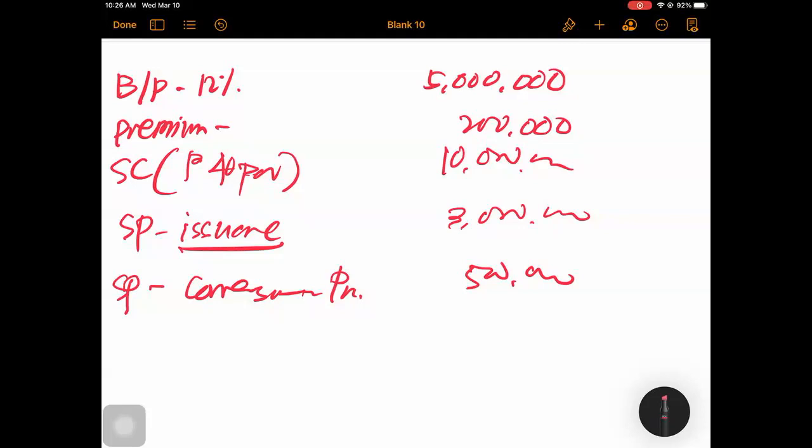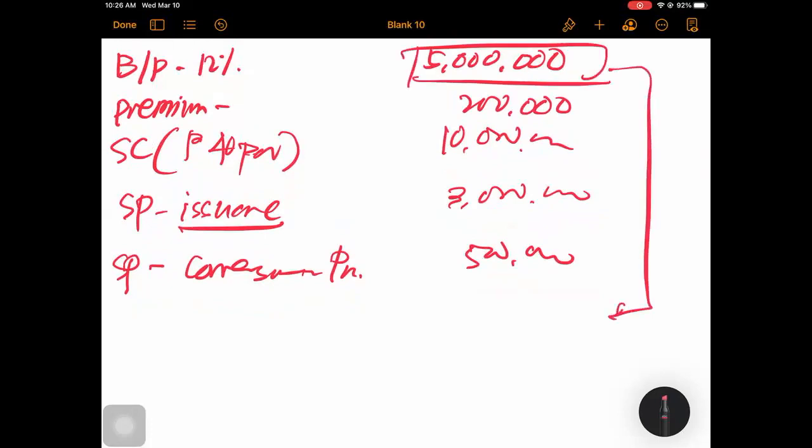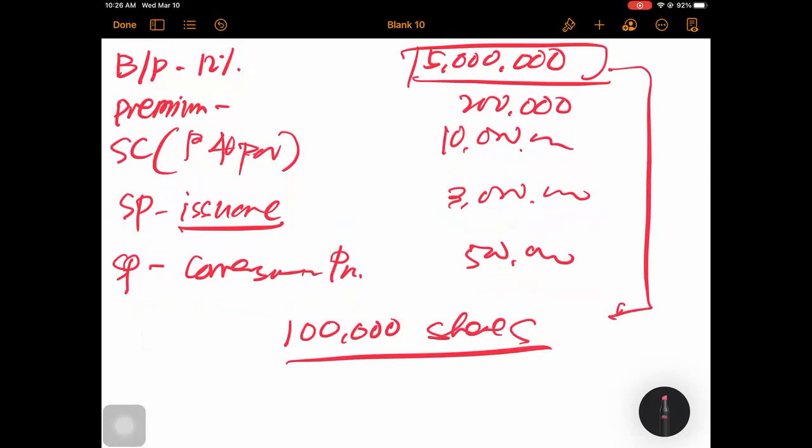Okay, so let's continue the illustration. On the same date, the bonds are converted into share capital and the conversion ratio is 20 shares for each 1,000 bonds or a total of 100,000 shares. So your bonds payable of 5 million can be converted into 100,000 shares.